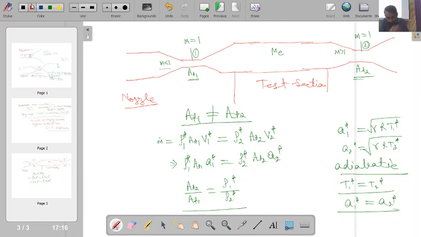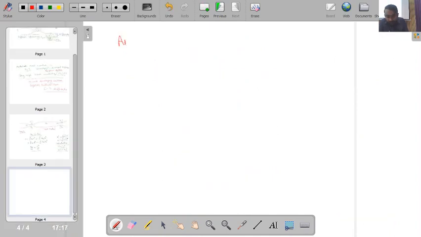So A2 by A1 will become equal to P1 star divided by R T1 star, divided by P2 star divided by R T2 star. Now T1 star and T2 star are the same, so I will be getting simply P1 star by P2 star.